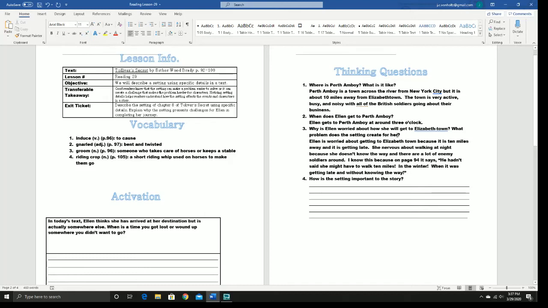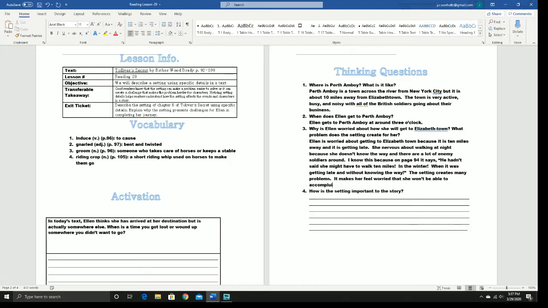Okay? So what problem does the setting create for her? The setting creates many problems. Like these many problems. It makes her feel worried that she won't be able to do what she needs to do, or she won't be able to accomplish her task, accomplish her mission.